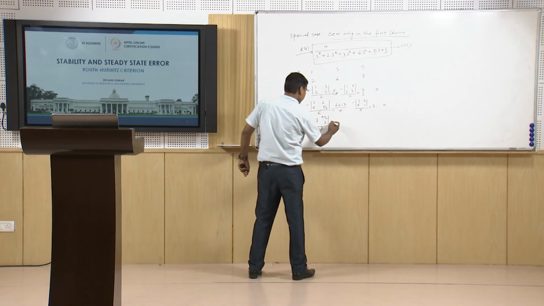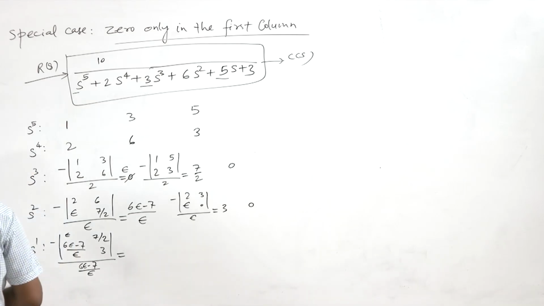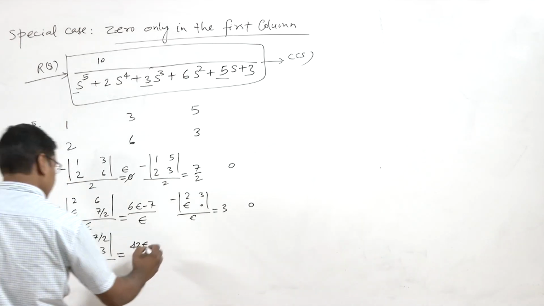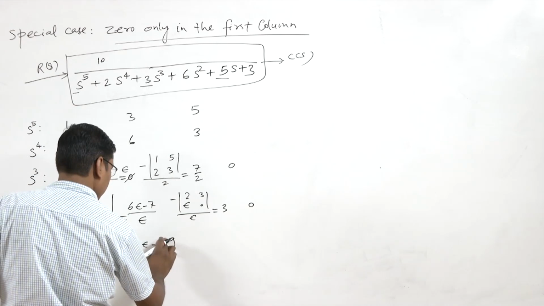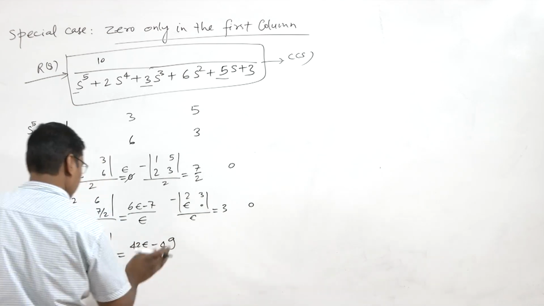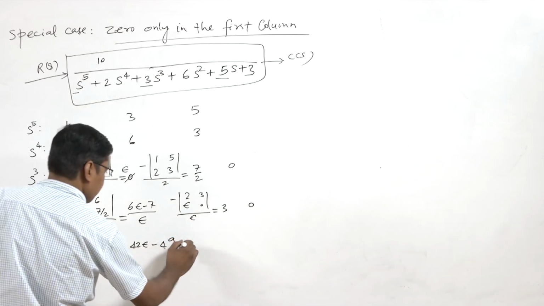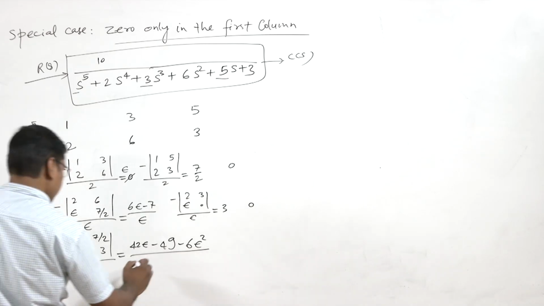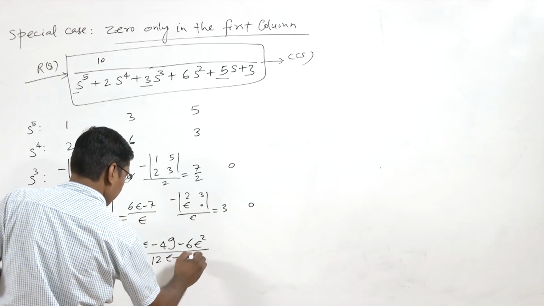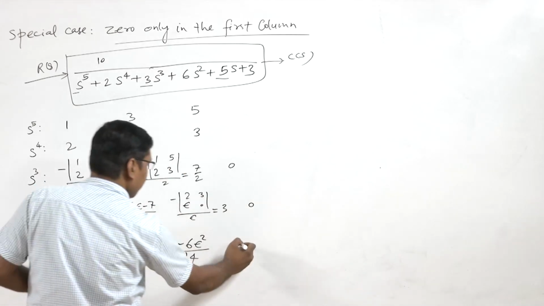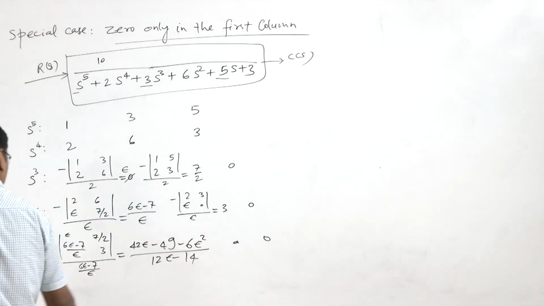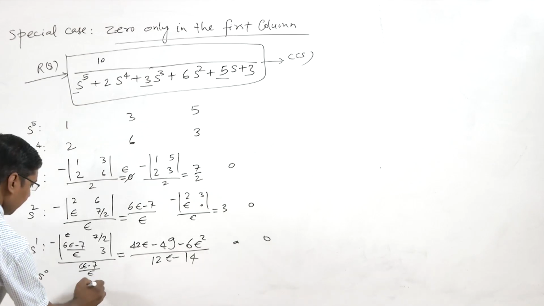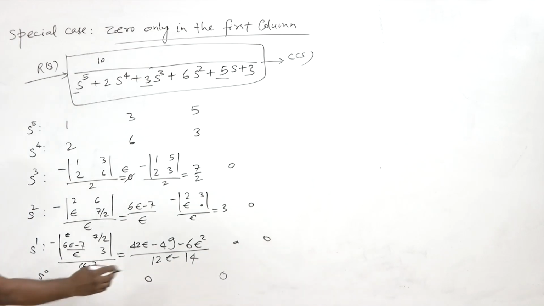We solve this and we will get 42 epsilon minus 49 minus 6 epsilon square by 12 epsilon minus 14, and the other terms will be 0. Then s0 will be 3, 0 and 0.